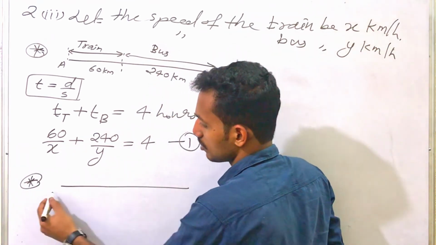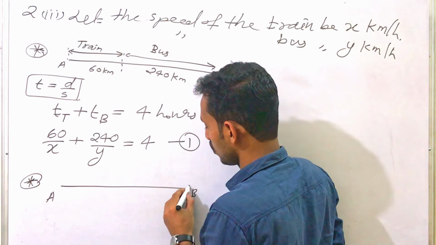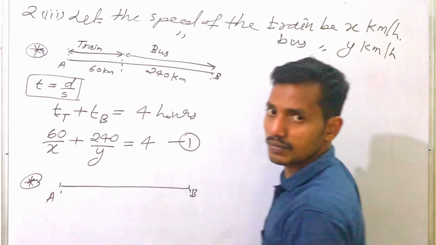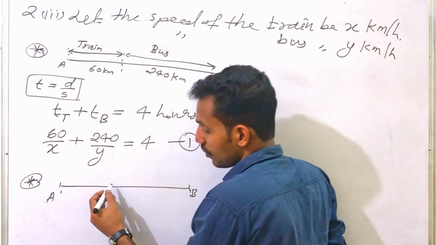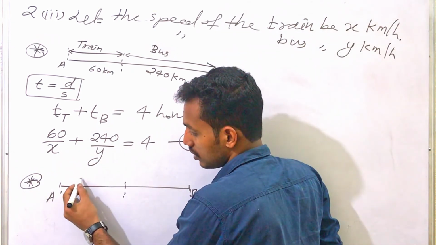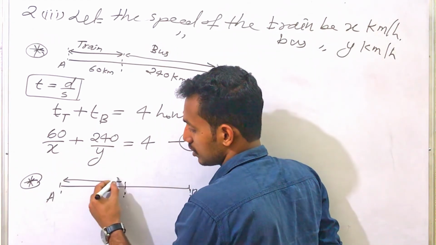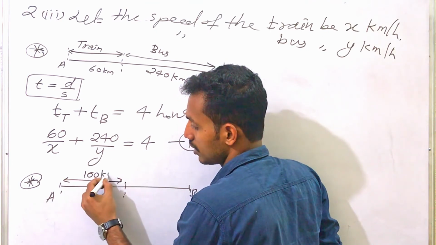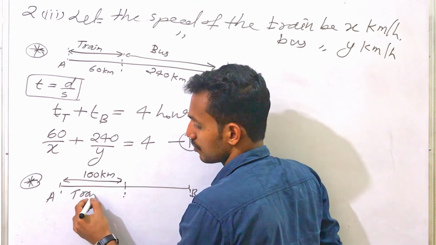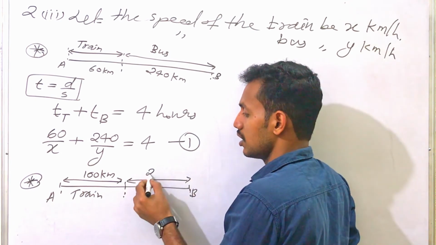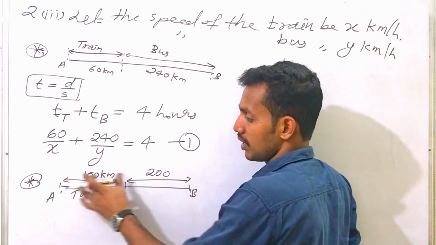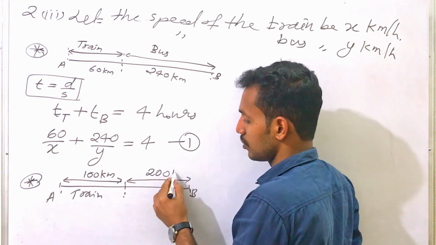In the second case, what is the condition given? She travels 100 km by train, and the remaining distance by bus, that is 200 km. 300 minus 100 will be 200 km.